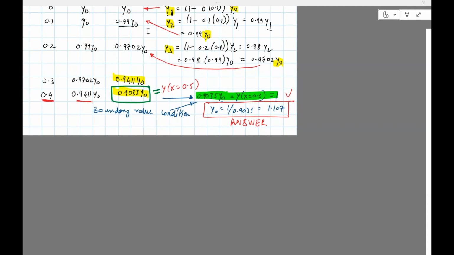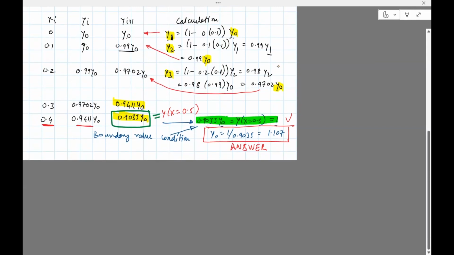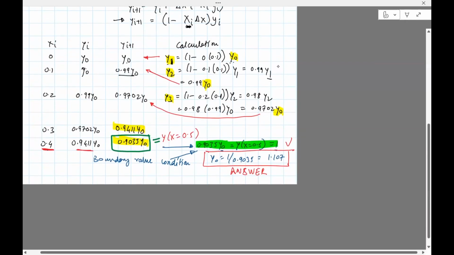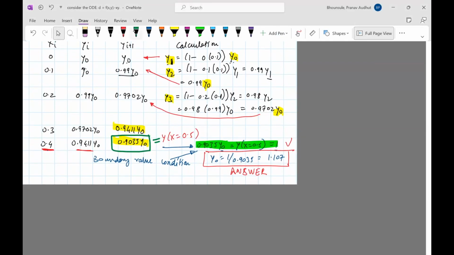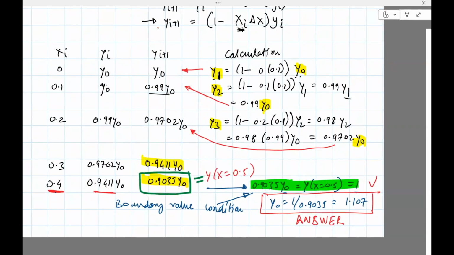Just go up to 0.4, not 0.5. We went to 0.5 actually. This is 0.4. This will make it clear. So this is x0, x1, x2, x3, x4.